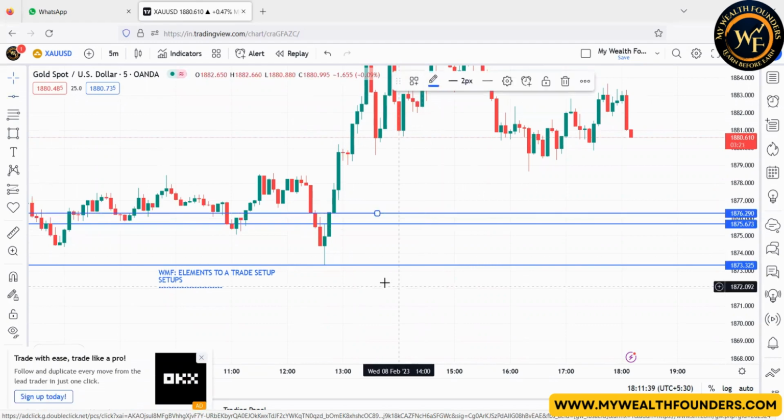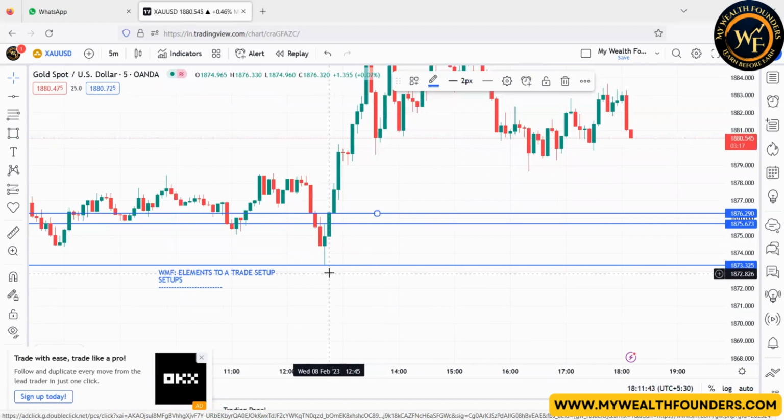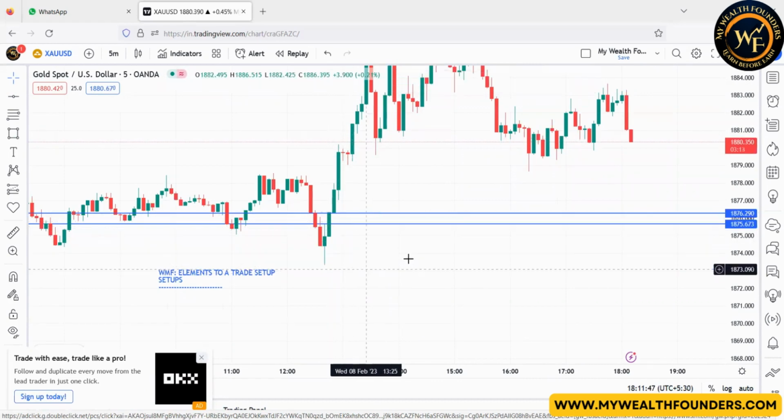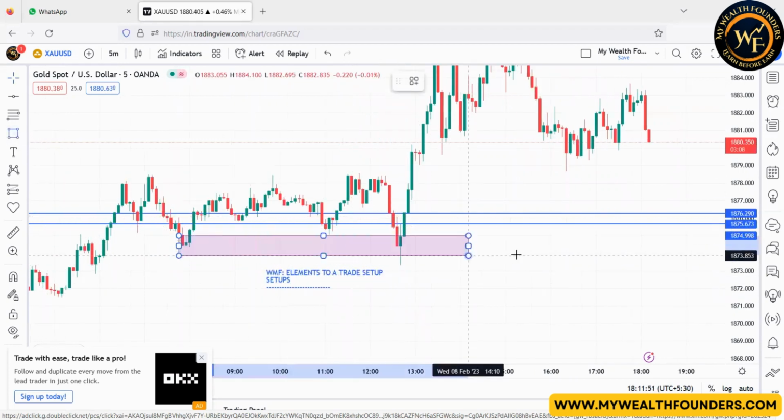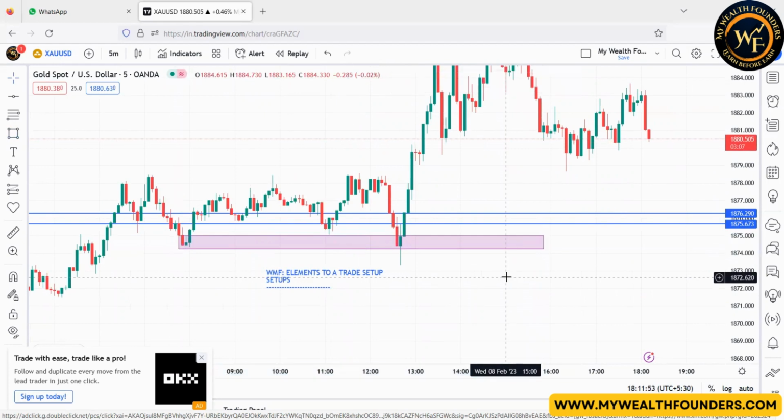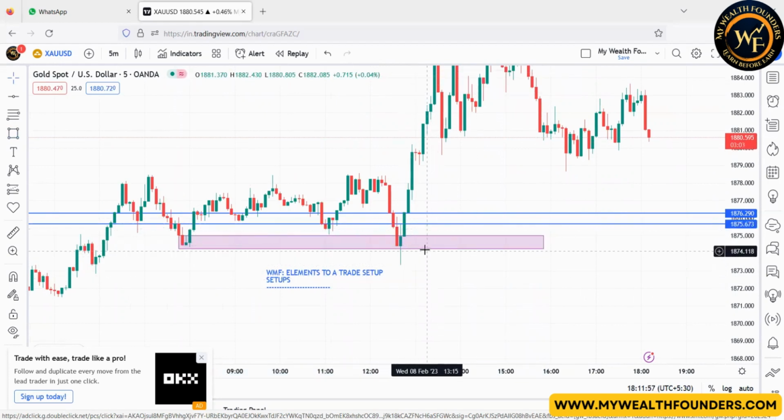So basically in the last three candles, last three swings or last three spikes, you can see this is the bullish fair value gap. And I told you, right, that here is the bullish order block. So the fair value gap would always be above the bullish order block or below the bearish order block. So we got fantastic setups over here.